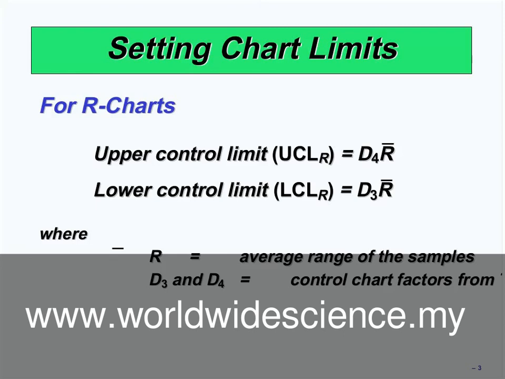So in each sampling, we should calculate. Well, of course, we don't need to calculate. We should find the maximum number and minimum number and then subtract them.